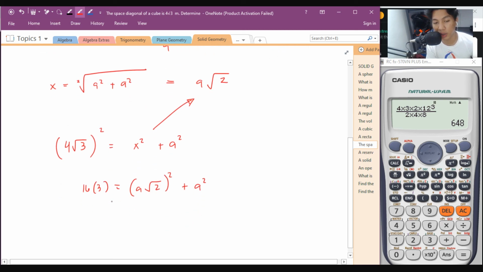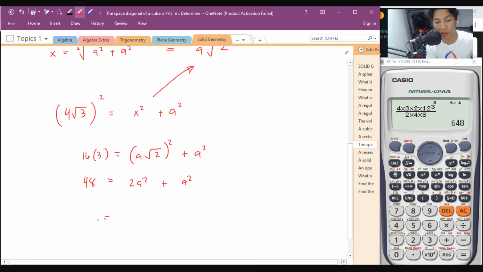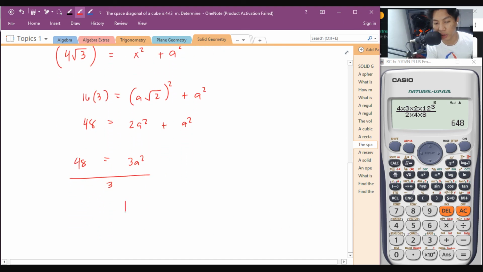Simplify natin. 16 times 3, that is 48. 48 equal to 2a squared plus a squared. Add ko na lang. Okay? So, 48 equals 3a squared. Para mahanap ko, divide ko both sides by 3. 48 divided by 3, o di 16. A squared equals 16.